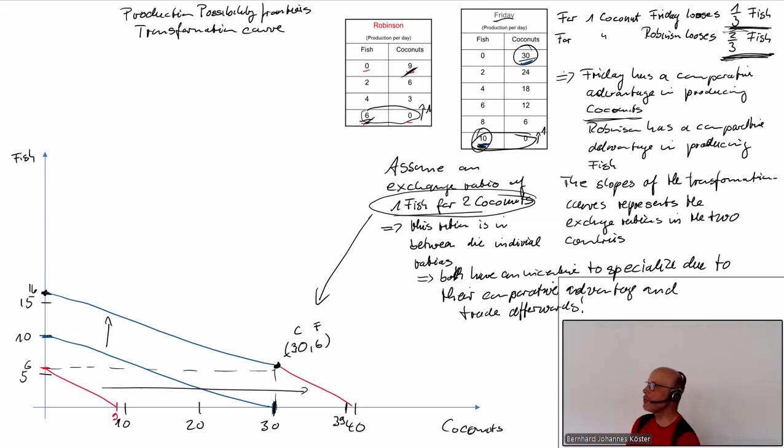This exchange ratio means that we have a straight line with a slope of -2. Oh, sorry, we have this the other way around, this by -1/2. 1 coconut for 2 fishes. Sorry, yeah, again, the other way around. 2 coconuts for 1 fish. So moving 2 units to the right means going up 1 unit in the vertical direction.